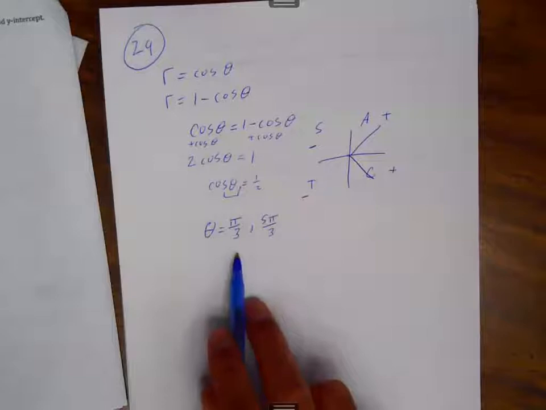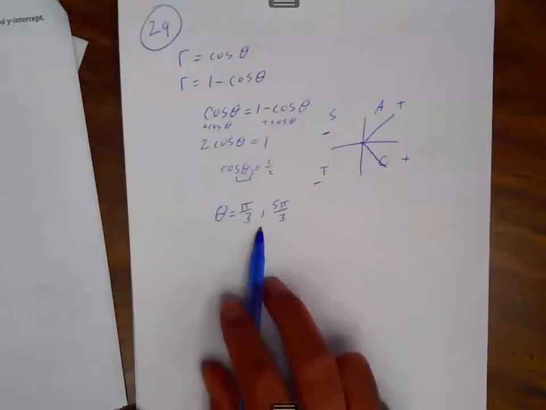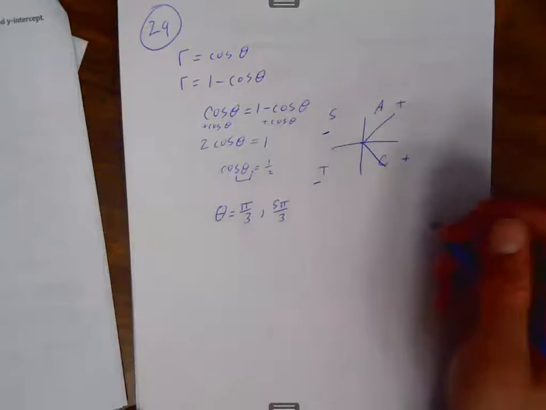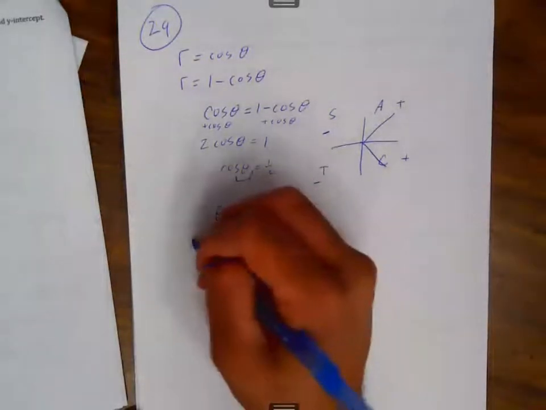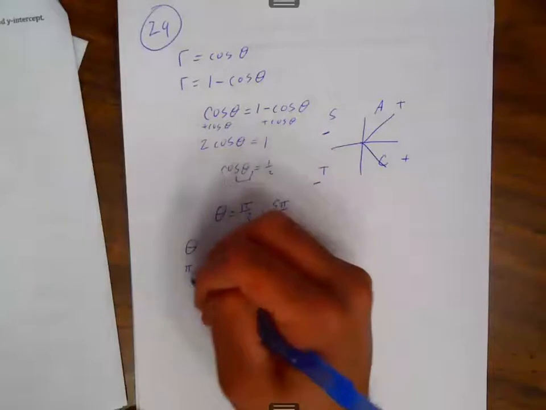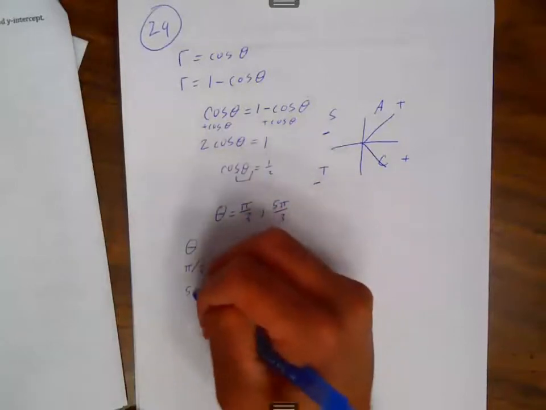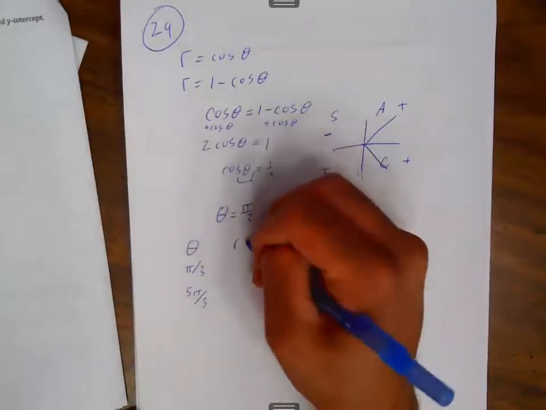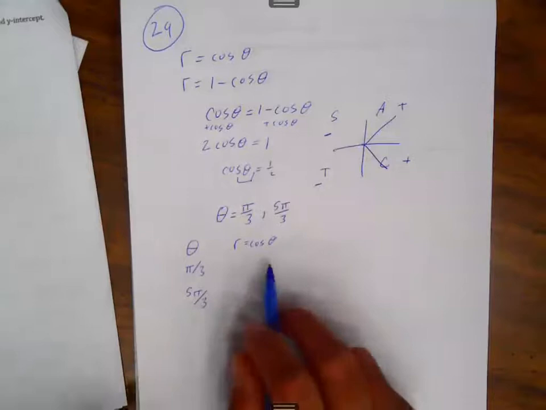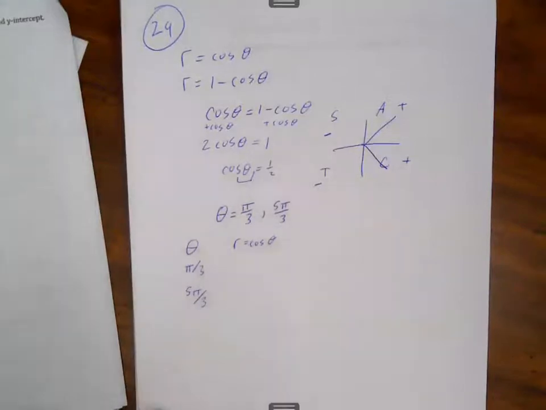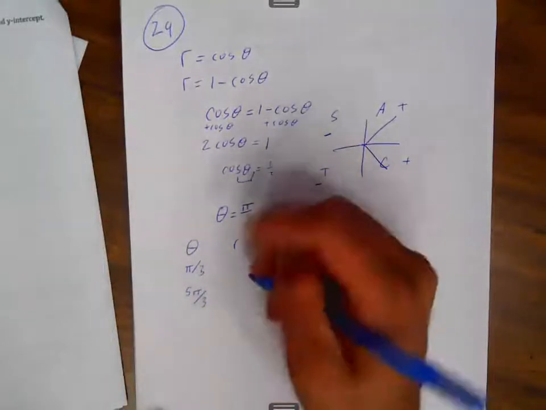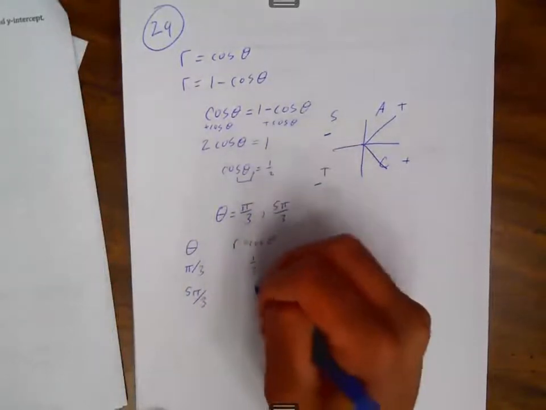Okay, so now we're trying to find the points of intersection in polar form. Right now we just have theta. We've got to find out what r would be. If we make a little table here, we see that theta is pi over 3 or 5 pi over 3, which makes r, cosine of theta, equal to 1/2, because the cosine of pi over 3 is 1/2, and also the cosine of 5 pi over 3 is 1/2.